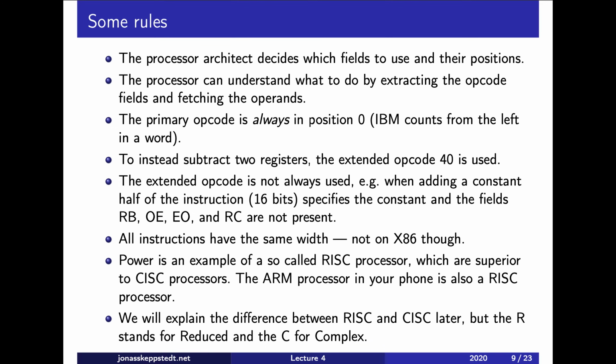So POWER is an example of a RISC processor, and they are superior to CISC processors. All new architectures are designed using RISC ideas. CISC stands for complex instruction set computer, and RISC for reduced instruction set computer, and it requires more hardware to make this fast.